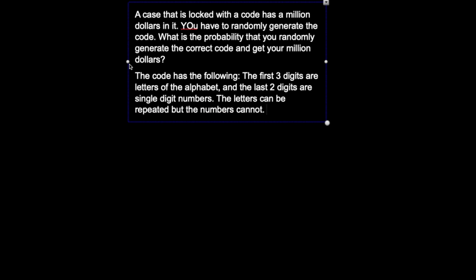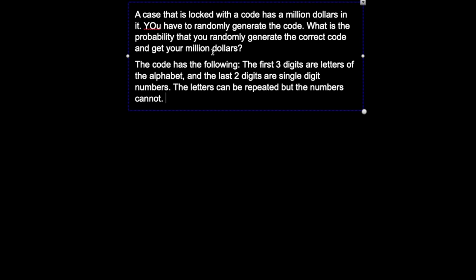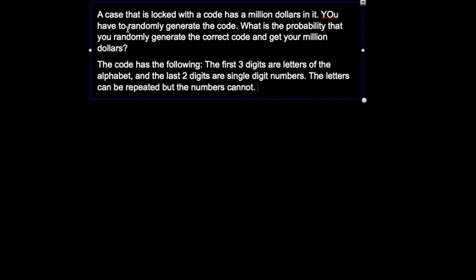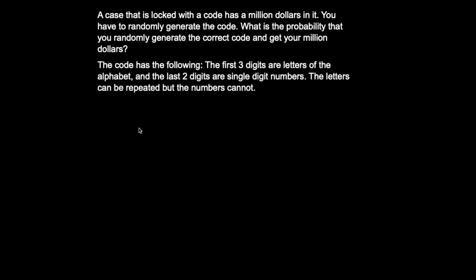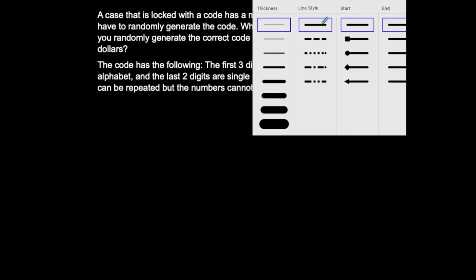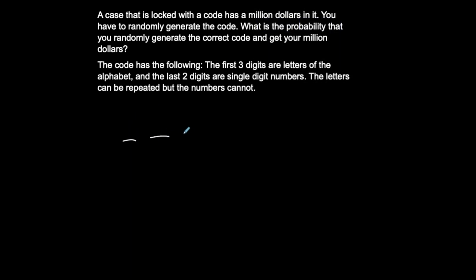Boom. It's $1 million, you know. You got to work for it. So you have a case that has this code, and it has 5 total digits, right? 3 initially, and then 2 after that. And the 3 initial digits are letters of the alphabet, and then the last 2 digits are numbers.